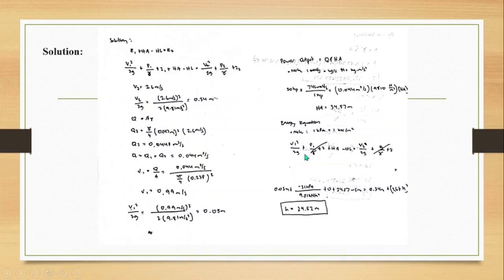We cancel these two because they are the same. So we substitute 0.05 meter plus negative 31 kPa, which is given, over 9.81 kilonewton per meter squared, plus 0, plus 34.57, which is our HA, minus 5 meter, equals 0.34 plus 1.6 plus H. Calculating, H equals 34.52 meter. That is the answer for problem number 1.